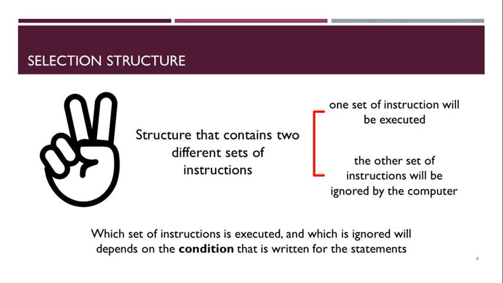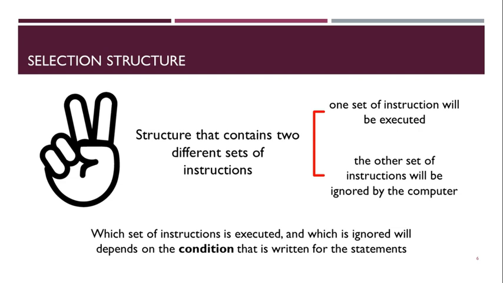First, let me see what a selection structure is. A selection structure is a structure that contains two different sets of instructions, where one set of instructions will be executed and the other one will not be executed, or will be ignored by the computer.